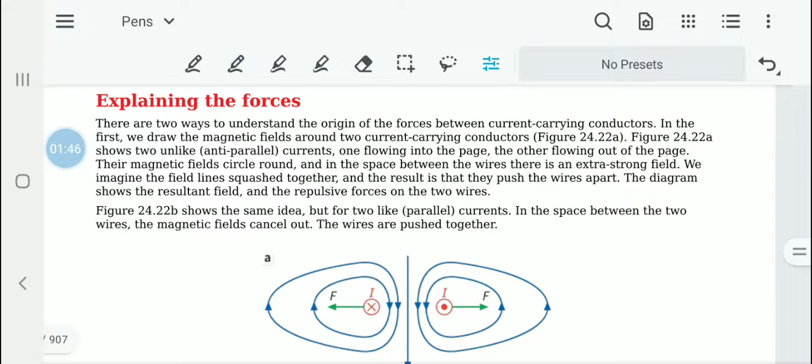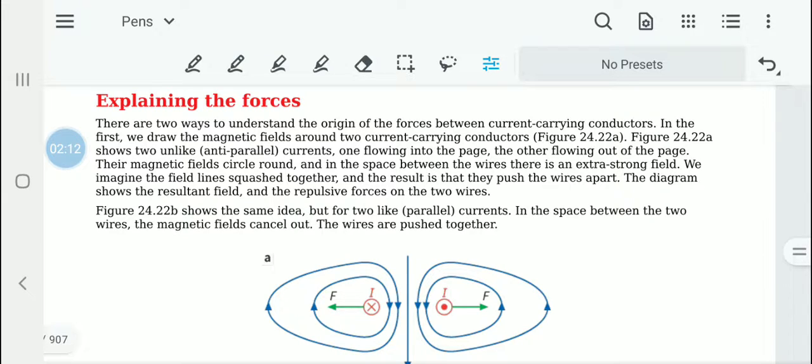So as a result, there would be a magnetic field circle around, and at the middle there would be an extra strong field created by both being squashed together, right? Because of this, the wires are going to be pushed apart.